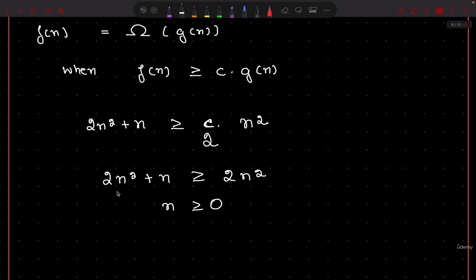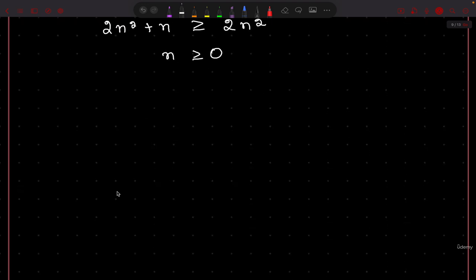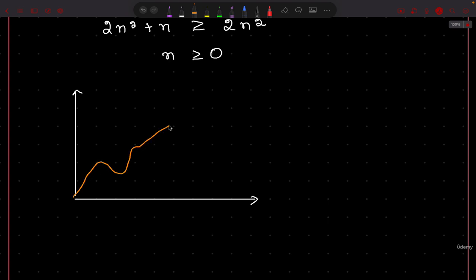So again, if I try to explain this graphically to you, this is somewhere we will get a function, so pay attention. This is our graph, right? Let's say this is my f of n, and then my g of n times c is something like this.